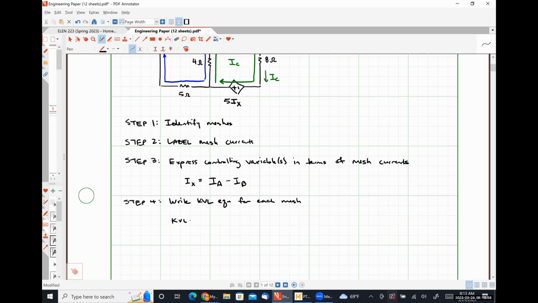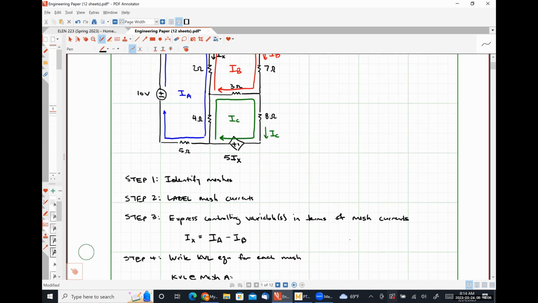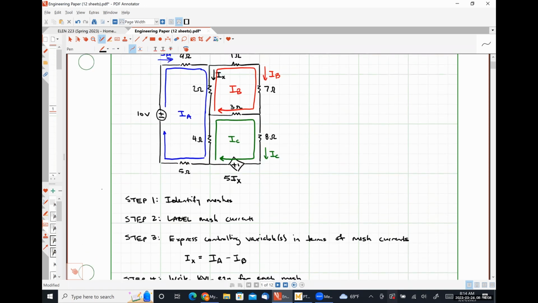So we have 3 meshes. So I'm going to have a KVL at mesh A, KVL at mesh B, and a KVL at mesh C. And I'm going to write these KVL equations just like I would write any other KVL equation. I'm going to start at the bottom left-hand corner and just follow my current around its path.